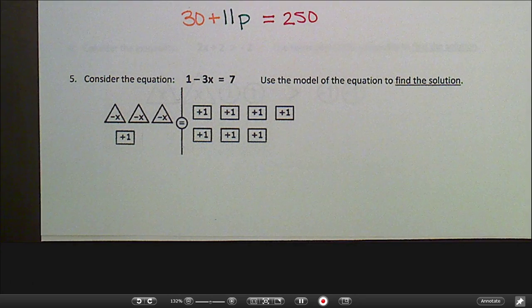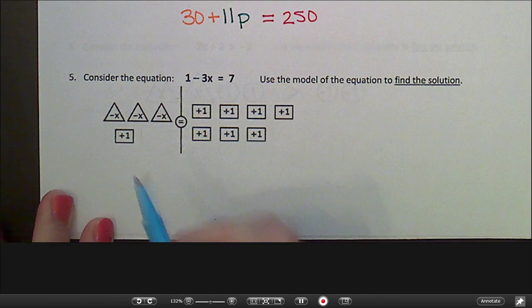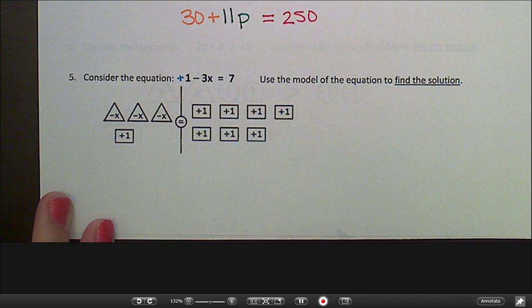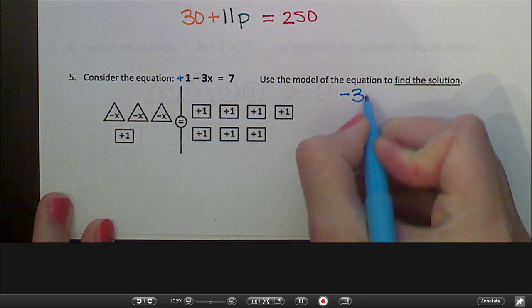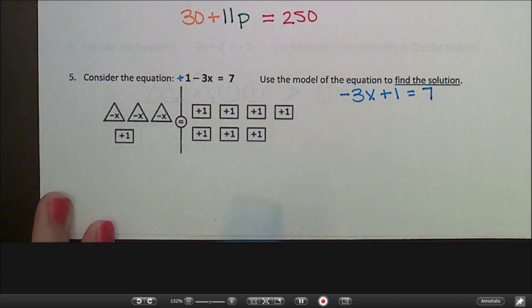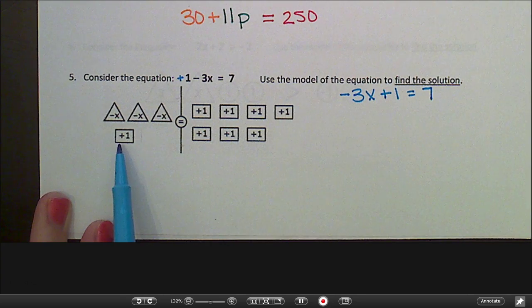Remember that the first thing we want to get rid of is always our addition or subtraction. So this is really a plus 1. I could have rewritten this as negative 3x plus 1 equals 7. You see that would have been the same thing.